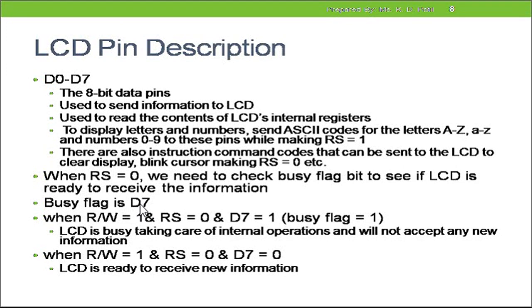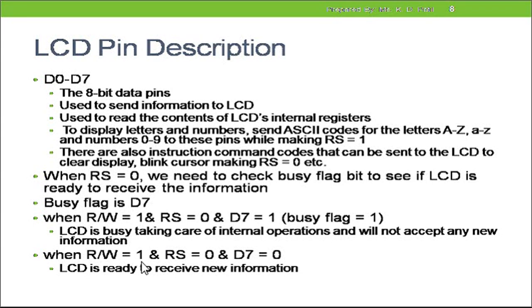So when register select is equal to 0, that means the instruction command code register is selected, and when the D7 bit is equal to 1 and read write is equal to 1, that means we can read the data from the LCD's internal register. At that time we can say that the LCD is busy taking care of internal operations and it will not accept any new information from the user.